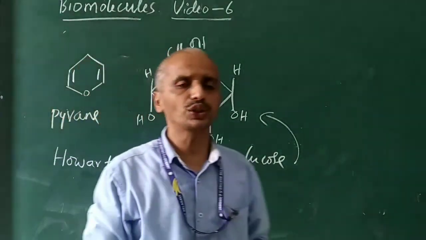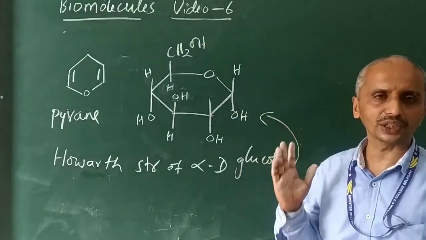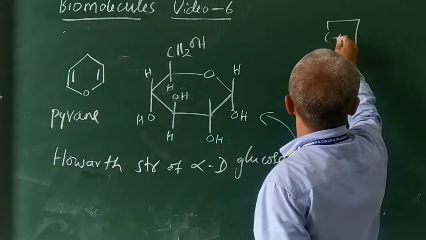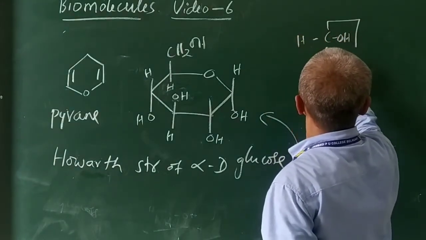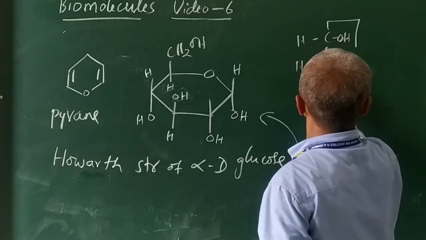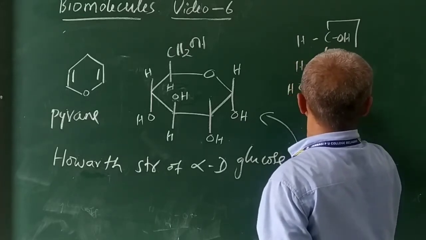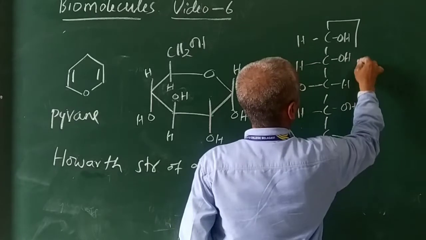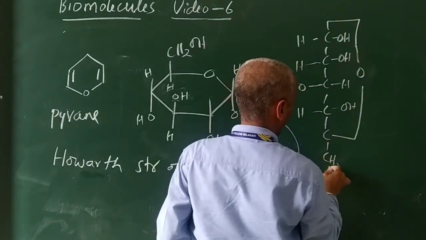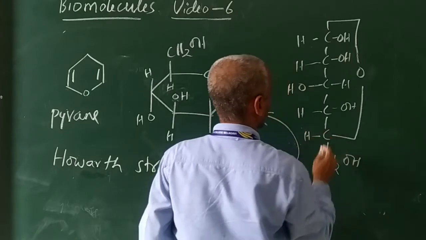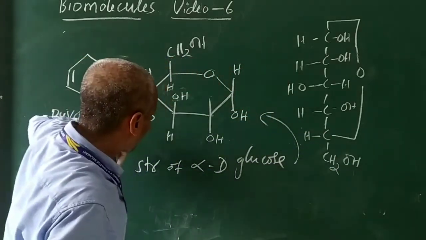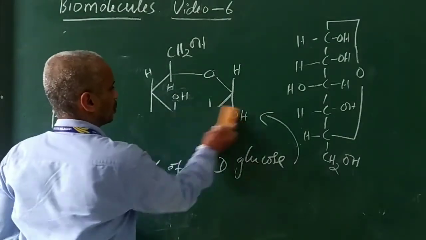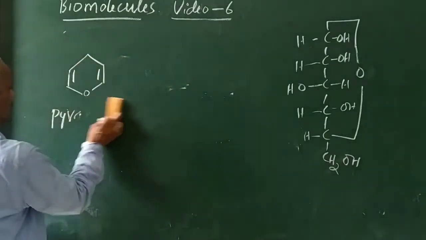So to write the Haworth structure, remember the cyclic structure of glucose: C, OH, H, then H, OH, and so on, then CH2OH. First write down this 6-member ring. That's the first point. I repeat: first write the 6-member ring like pyran.